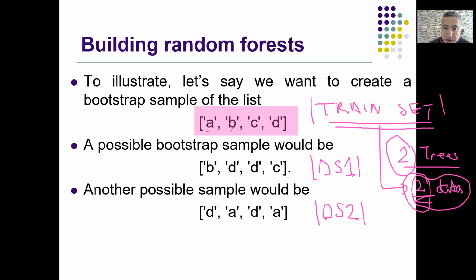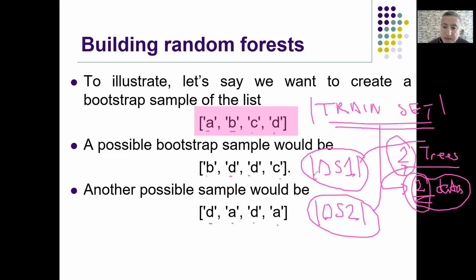You see that we have 1, 2, 3, 4 samples in train set, and in DS1, 1, 2, 3, 4, and DS2, 1, 2, 3, 4. So by using DS1, we are gonna train the first tree. By using the DS2, we are gonna train the second tree in the forest.